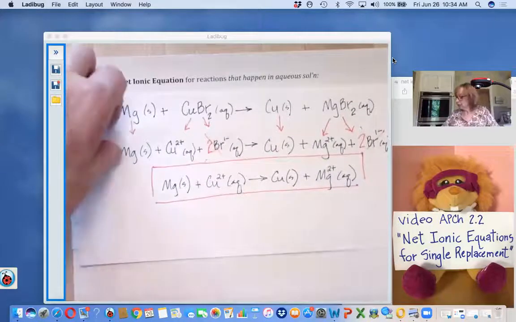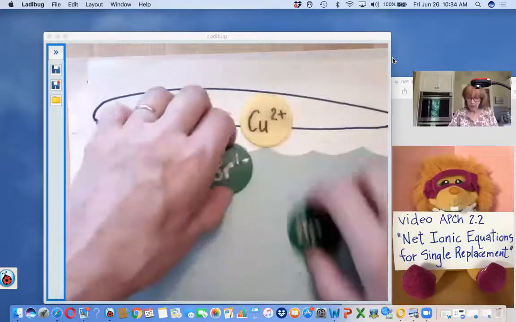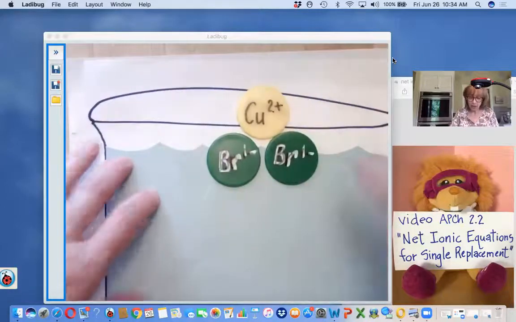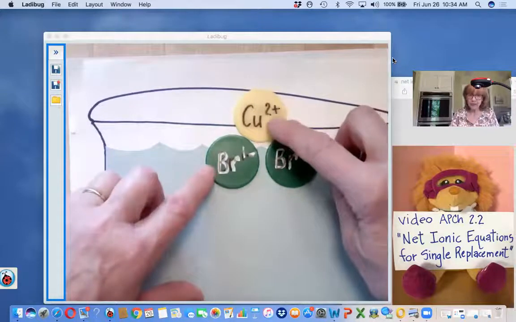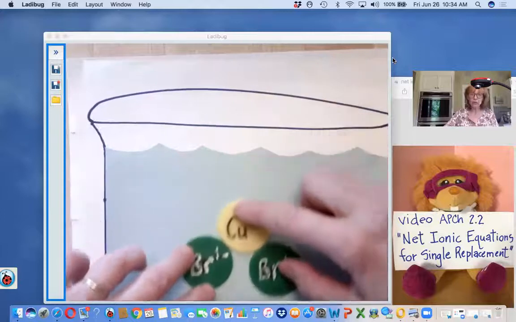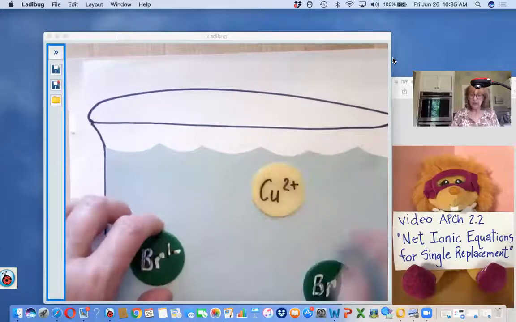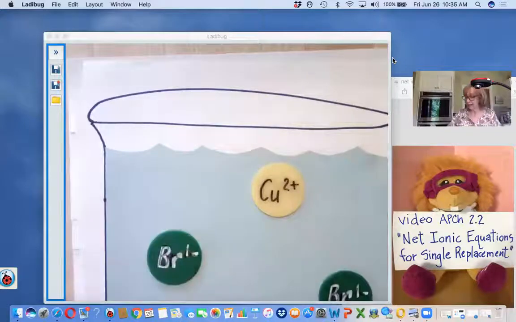Okay, let's take a look at what was happening in the beaker. We started out with one reactant, copper bromide, in solution. So I know that when this solid material went into the water, the action of the water molecules separated the cations and the anions.